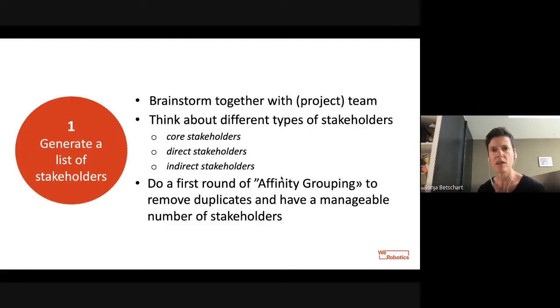So then we tried to say, okay, to make this manageable, can we group some of these stakeholders that we put on our list together? Do they have certain affinities that are the same? So possibly we can remove some of the duplicates that are in here, where we just put other words to it, but essentially it is the same type of stakeholder. Or can we group them together into groups of stakeholders? Because having a list that is manageable is going to help you with step number 2.